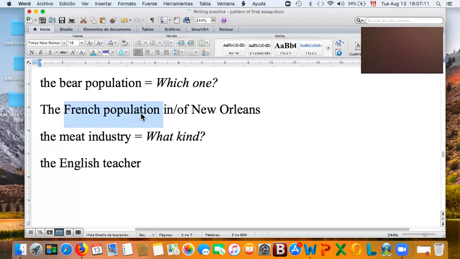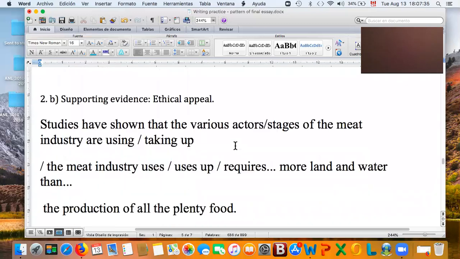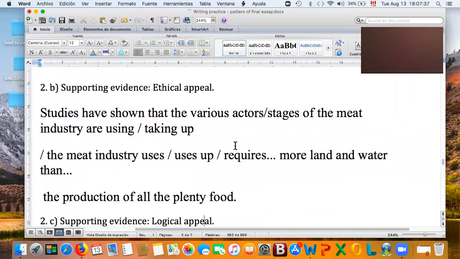The French population of New Orleans has settled in Louisiana to discover its roots. There's no contrast, not French population with any other population. So the French population, you think about that.